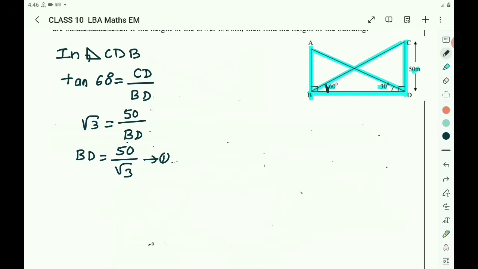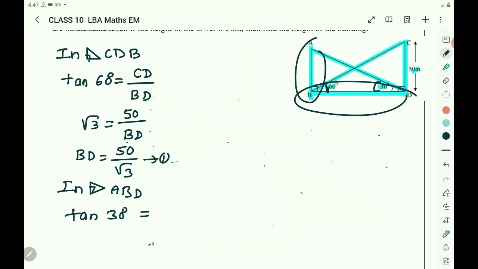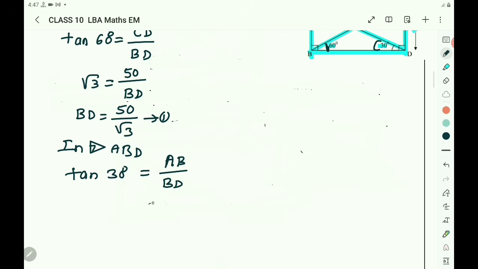In the right angle triangle ABD, tan 30 degree is equal to opposite side AB by adjacent side BD. Tan 30 is 1 by root 3 equals AB, which is to be found out.